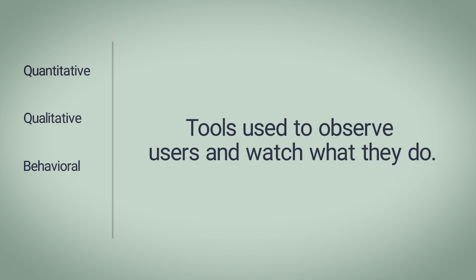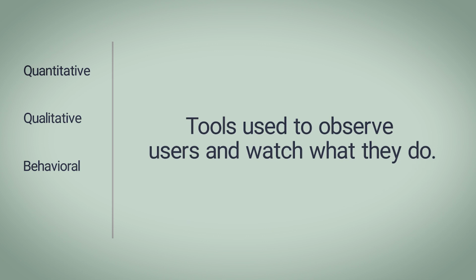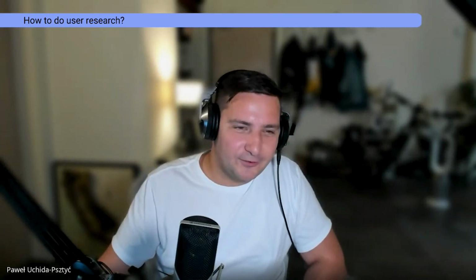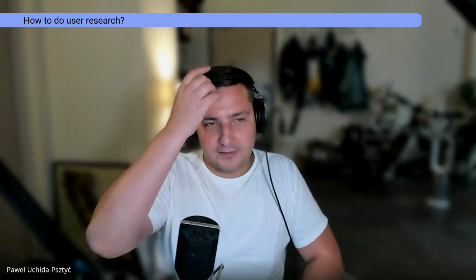We have behavioral tools that we use to observe users, to watch what they do, and attitudinal tools that we use to listen to the user. We explore their attitudes and opinions. So I would like to go through examples of the tools we are using for each of these groups. I wanted to start with qualitative methods.